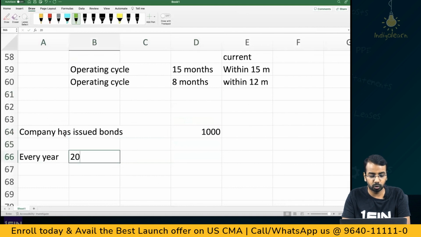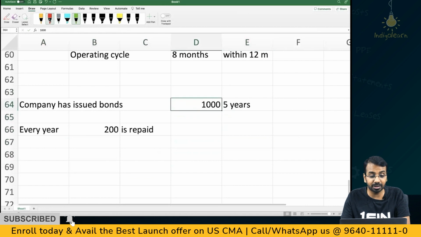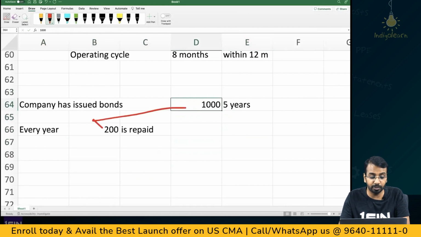Every year 200 is repaid. I'm not talking about interest; I'm talking about the principal. This 1,000 is a 5 year bond, so this 1,000 is a non-current liability. But out of this 1,000, 200 will be paid next year.